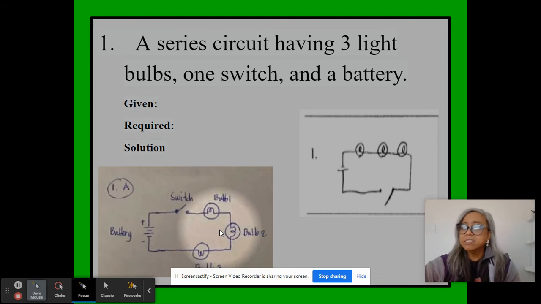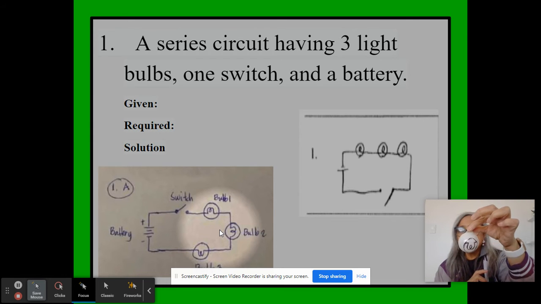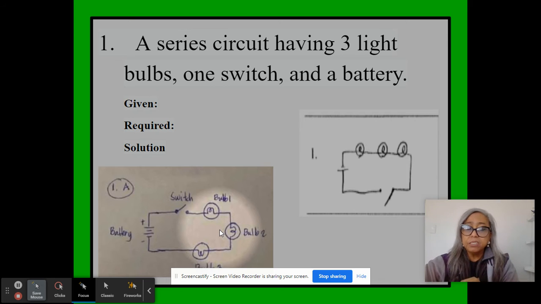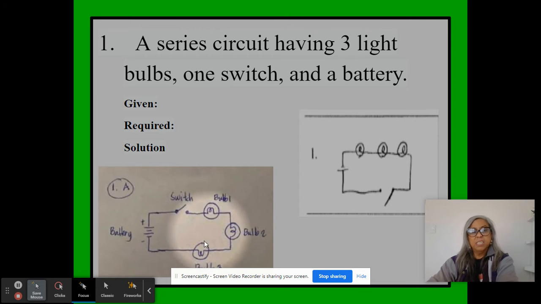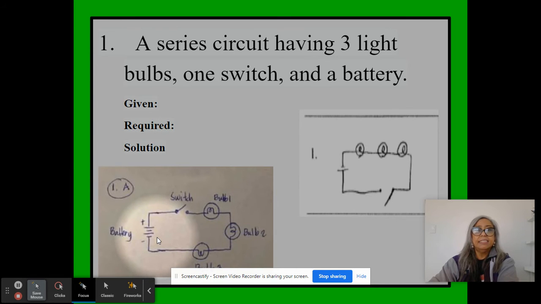Again, you can use the inverted W symbol if you want to, or why not just use the X? I prefer the X, it's simpler. And of course, as always, I want you to label your components. So this is bulb one, bulb two, bulb three. And you have a battery there and you have an open switch. You have the switch here.